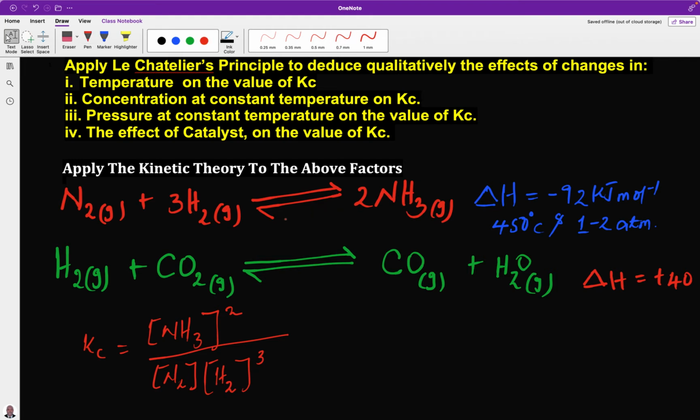The equilibrium has been distorted. For that reason, by Le Chatelier, the equilibrium will have to shift to the right, leading to the production of more ammonia, thereby decreasing the hydrogen or the nitrogen, thus establishing an equilibrium.